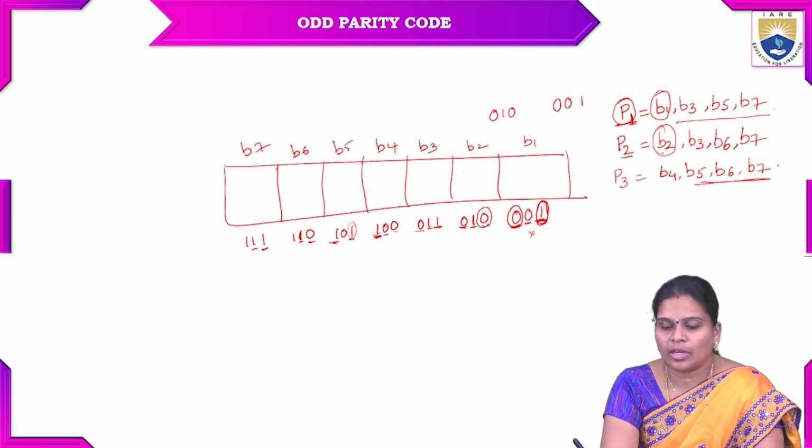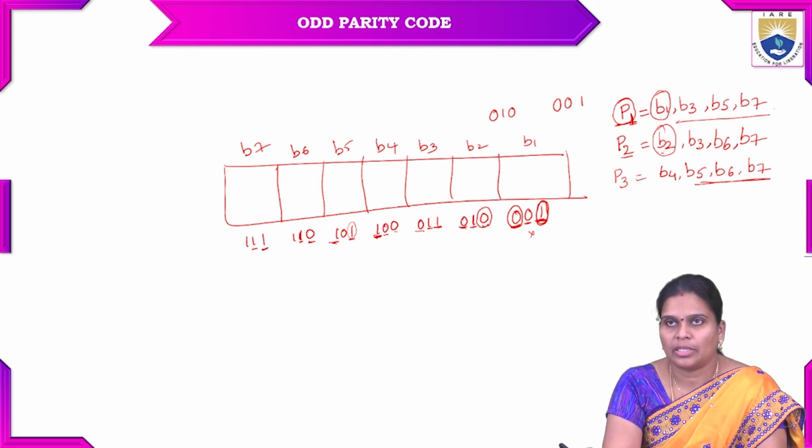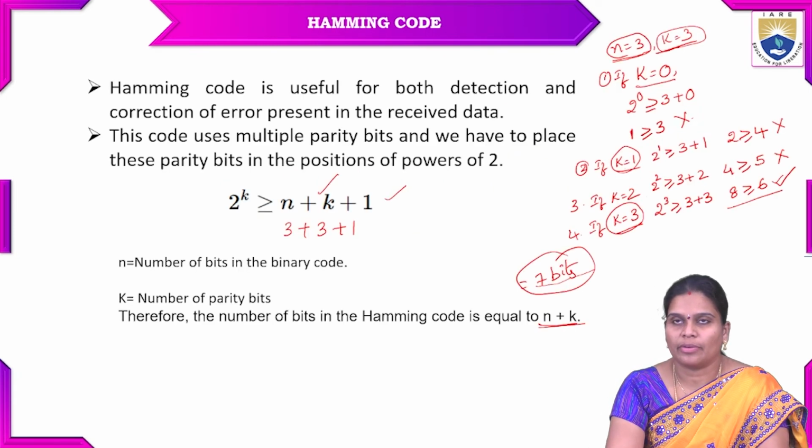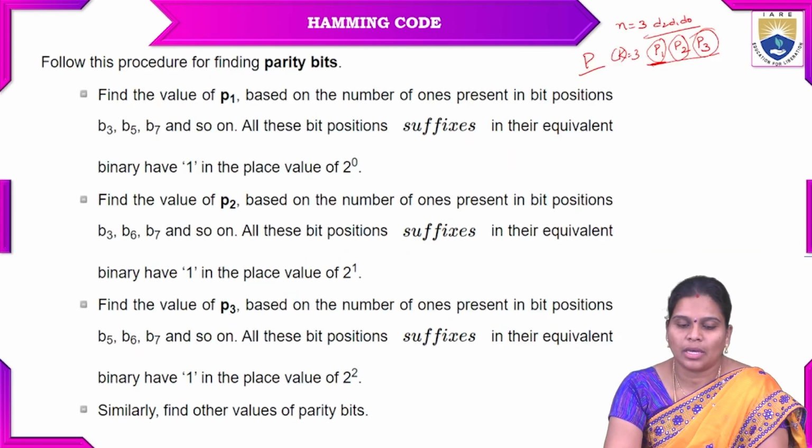Next we give the gap B8, B9, B10, and again we take B11, B12, B13, like this. This way we find the parity bits: for P1, B1, B3, B5, B7; for P2, B3, B6, B7; for P3, B5, B6, B7. Okay, so this is for finding the parity bits.